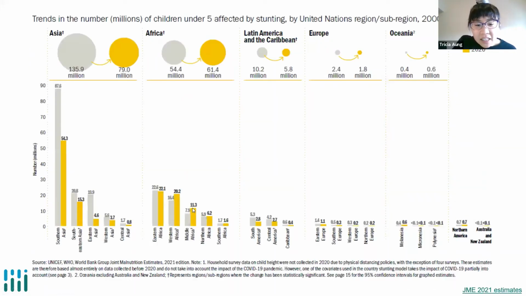As an example, this is something from the annual Joint Malnutrition Estimates that are produced by UNICEF, WHO and the World Bank. Just very quickly, I want you to share in the chat, if you feel comfortable, what you think is the key message from this graph.